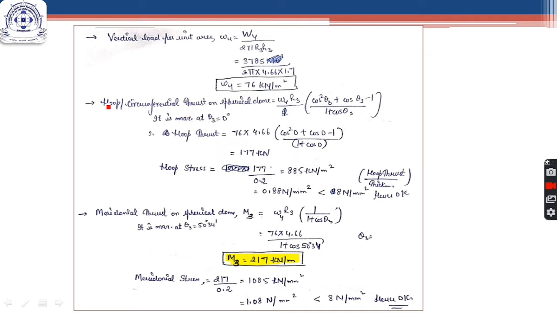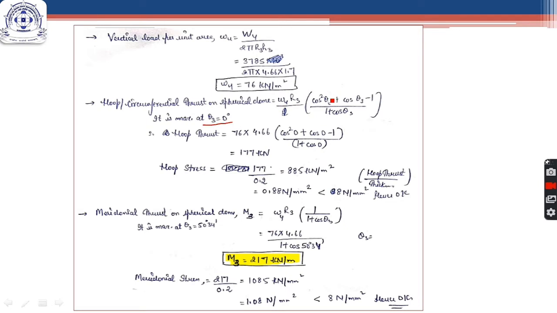Now, as it is a spherical dome, the hoop and circumferential force formulae will be the same as we used in the top dome. The hoop thrust on the spherical dome will be W4 R3 (cos square theta plus cos theta minus 1 plus 1 plus cos theta). And again I am reminding you, as we are calculating the circumferential thrust on the spherical dome, it will be maximum at 0 degree.